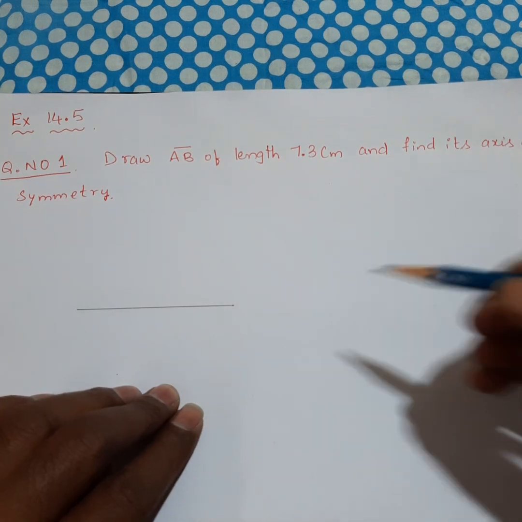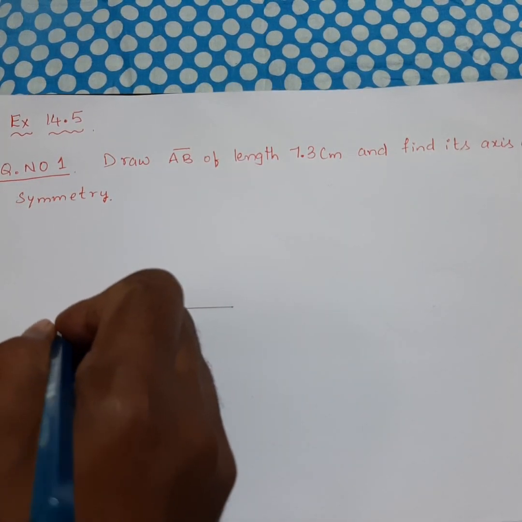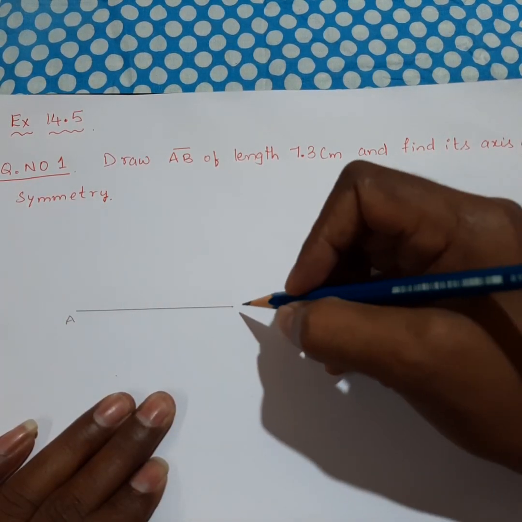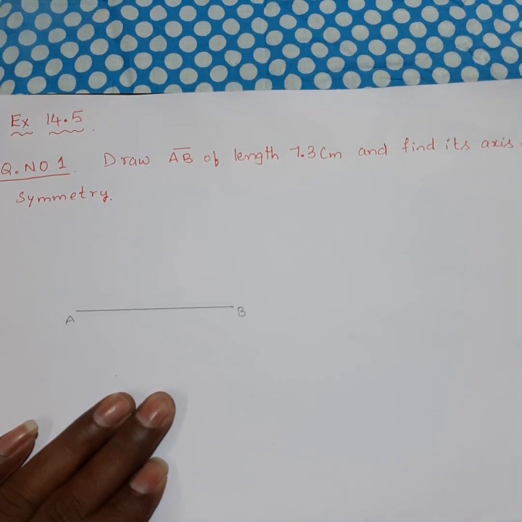So now one end point is this, A. Okay, and this is B here. Right, AB is the line segment. For this line segment we need to draw the perpendicular bisector. So how to draw the perpendicular bisector?